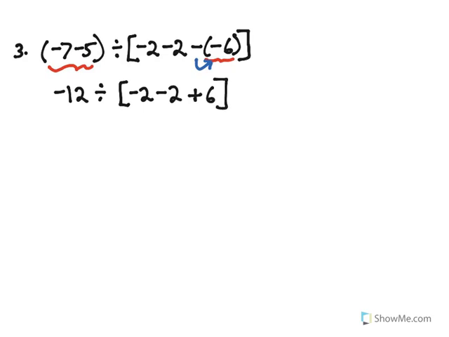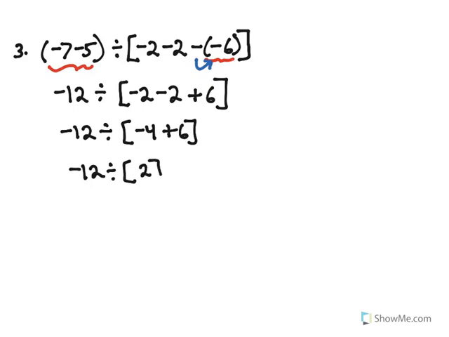And now we can continue simplifying. Minus 2 more is minus 4. Minus 4 plus 6 is 2, right? And we can get rid of the brackets.